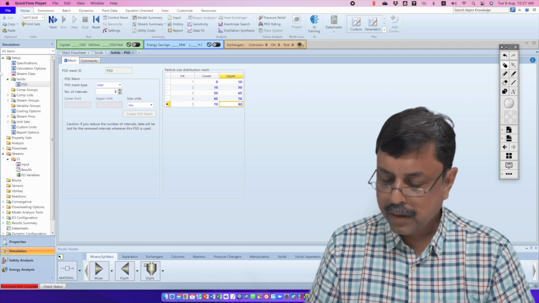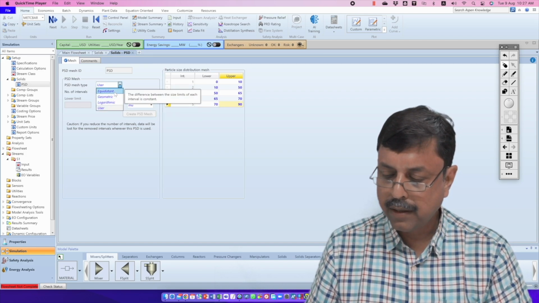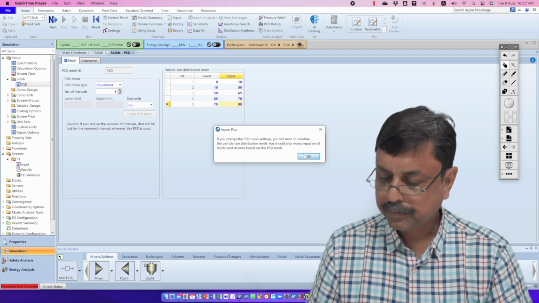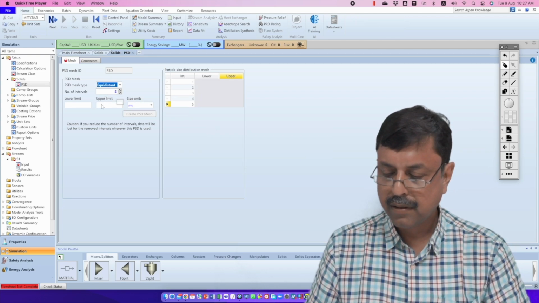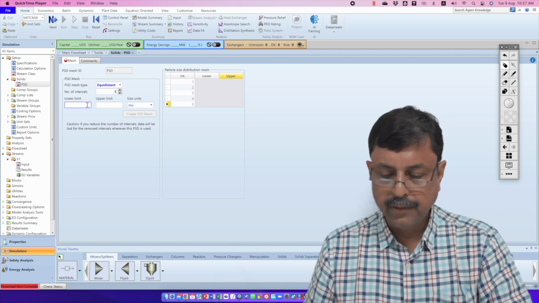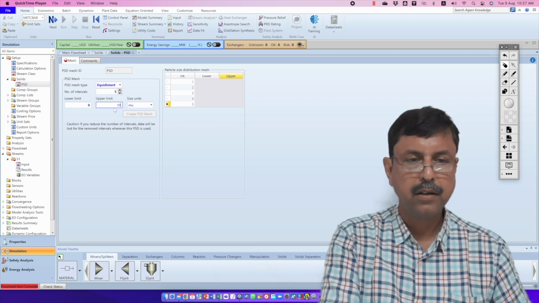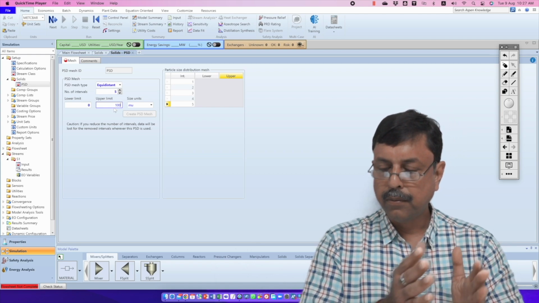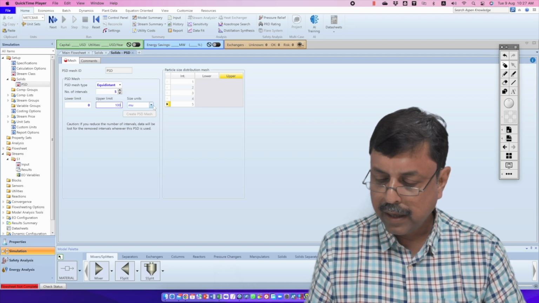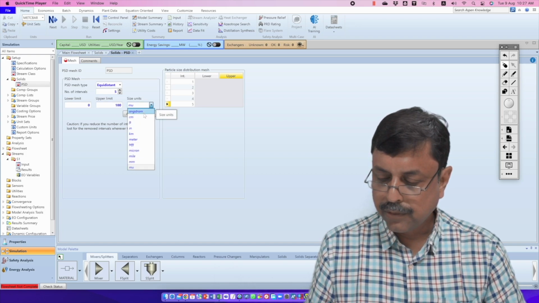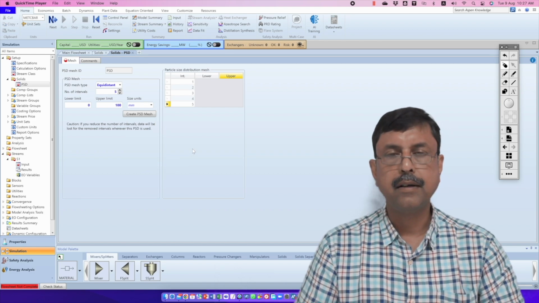Or you can say my mesh type will be equidistant with 5 intervals between 0 to say 100. So from 0 to 100, 5 intervals, and the size unit will be millimeter.